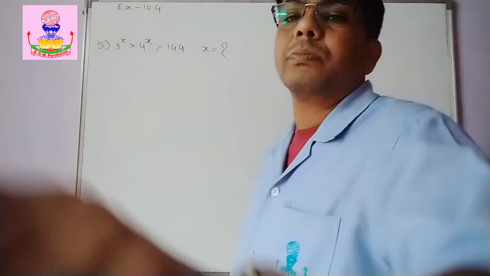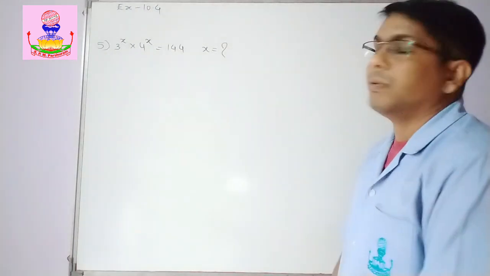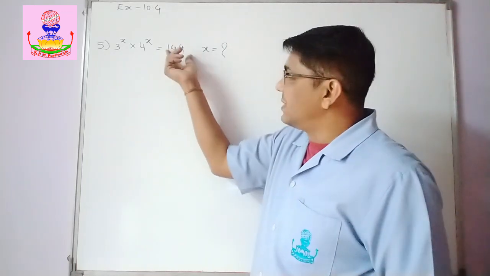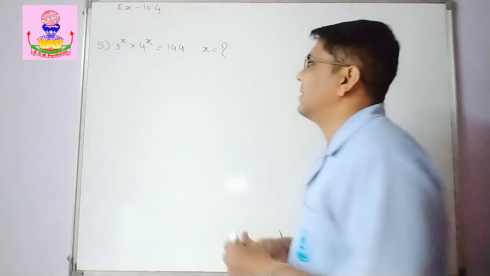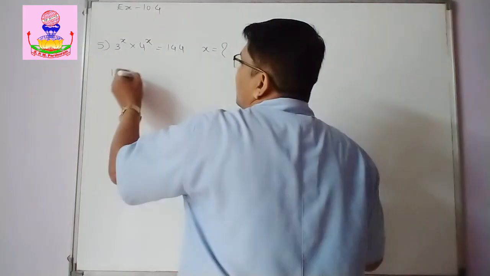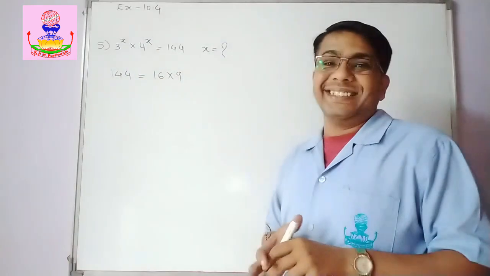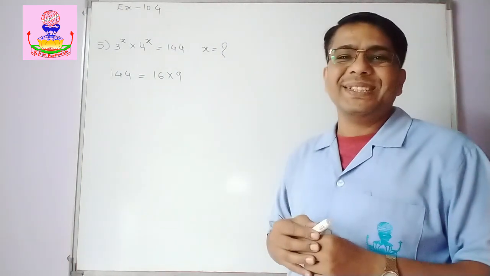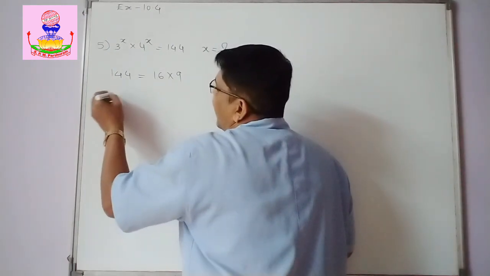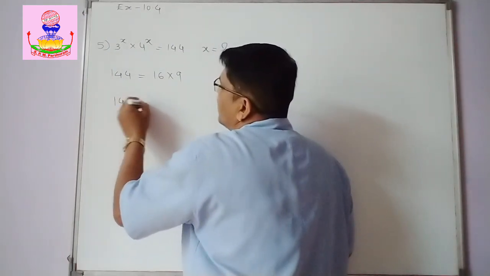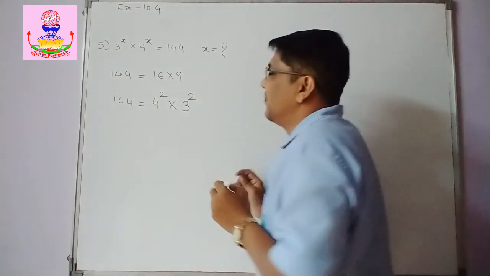Now next example. Now see, 3 raised to x into 4 raised to x, this is fifth one, is equal to 144. Express this 144 in this way. How to do that? See here, 144: I know 16 nines are 144. Yes, I know the table. So now I can write 144 as 16 into 9. 16 I can write as 4 raised to 2, 9 I can write as 3 raised to 2.